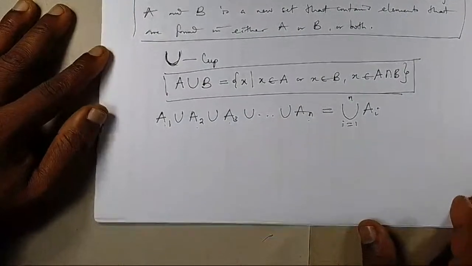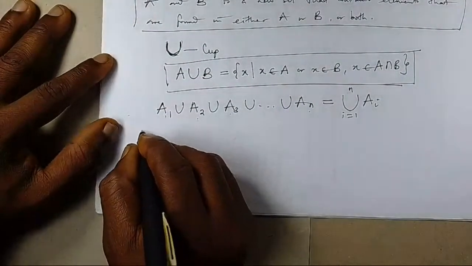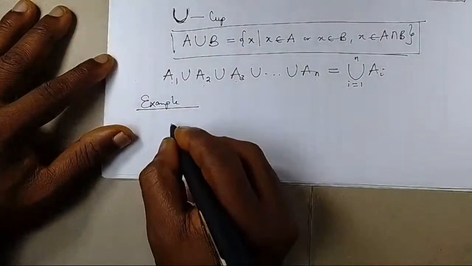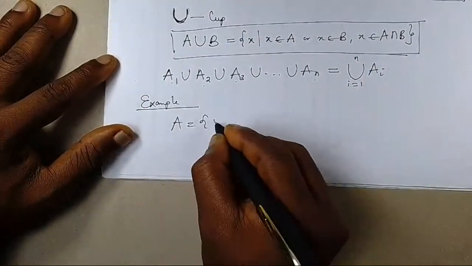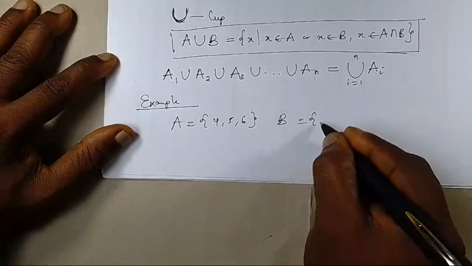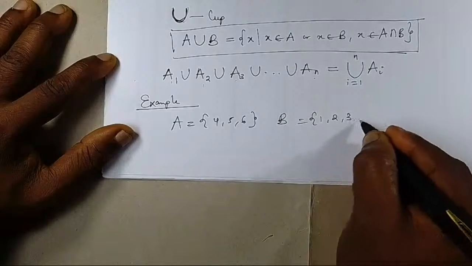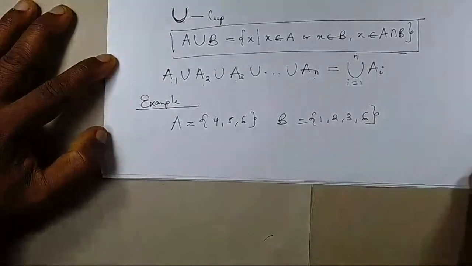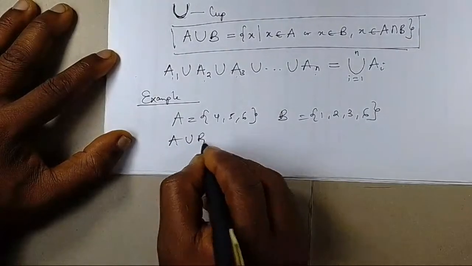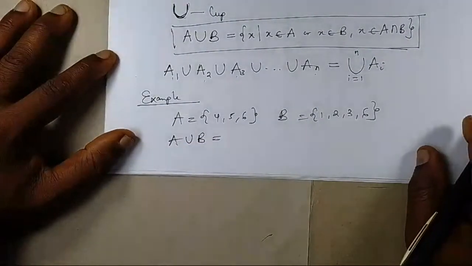Now, say you have a set A that contains 4, 5, 6, and another set B that contains 1, 2, 3, and 6. If you are asked to find A union B, what will it be?